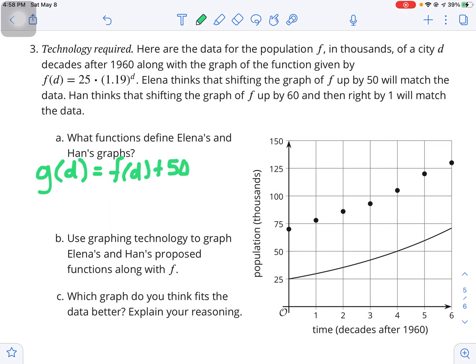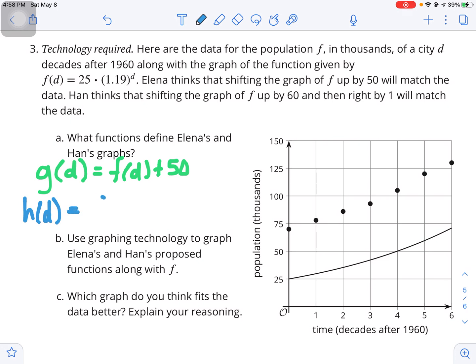But Han thinks that we could do something different, so we'll have H of D, we'll let that represent Han. Let's do it in a different color here. And he thinks shifting the graph up by 60 and then right by 1.